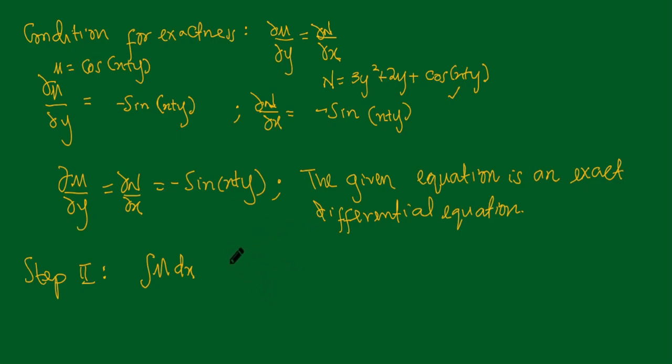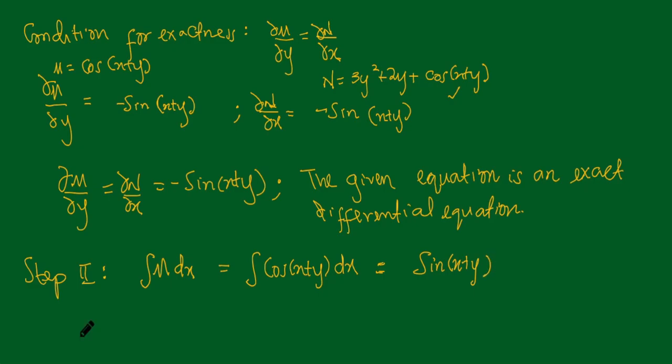So we are going to have the integral of cos(x + y) with respect to x. By integrating this, if y is a constant, we are going to have our result as sin(x + y).